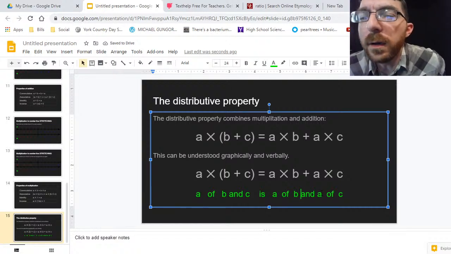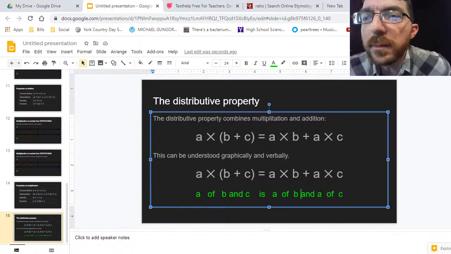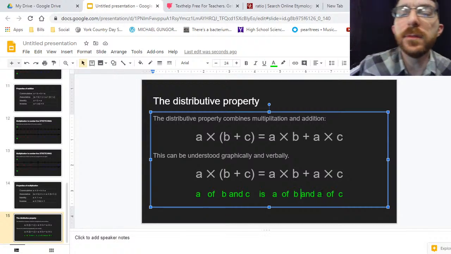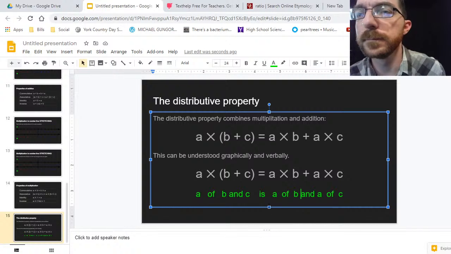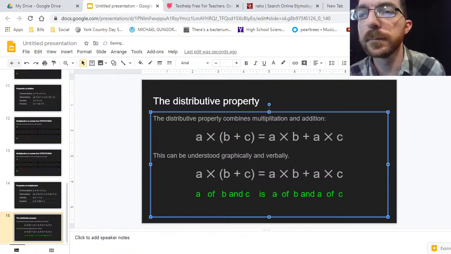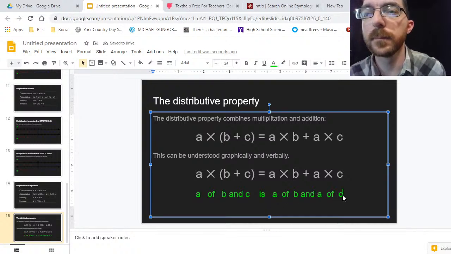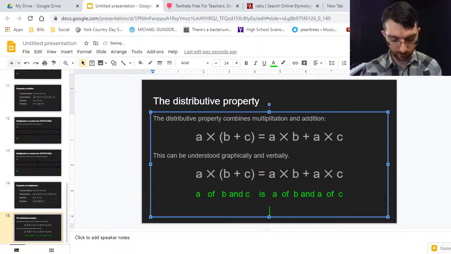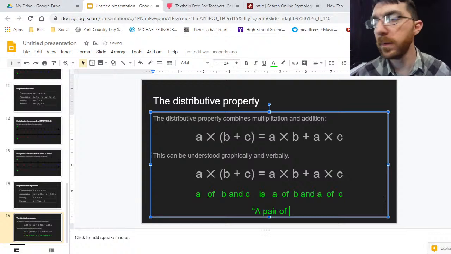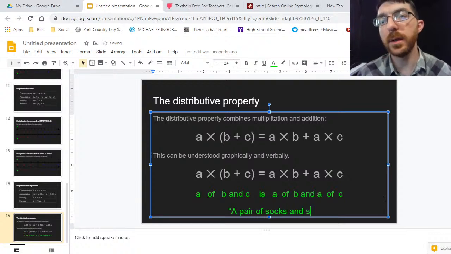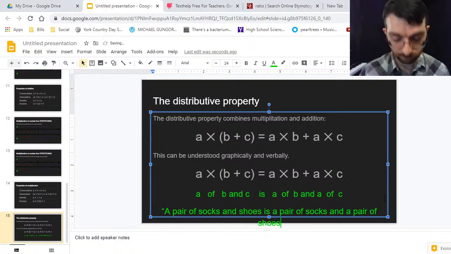A of B and C is A of B and A of C. In other words, a pair of socks and shoes is a pair of socks and a pair of shoes.